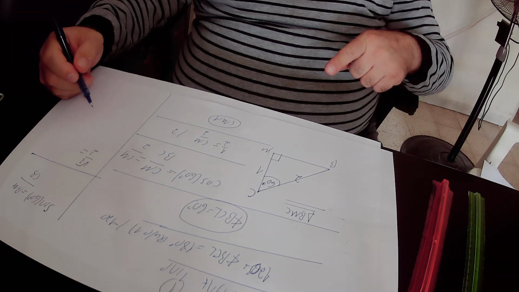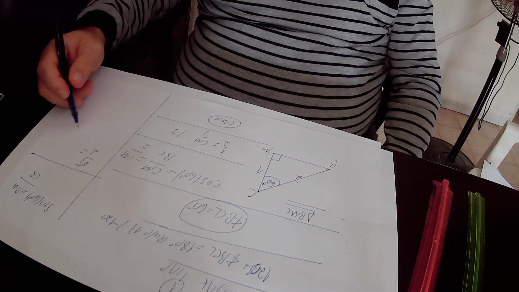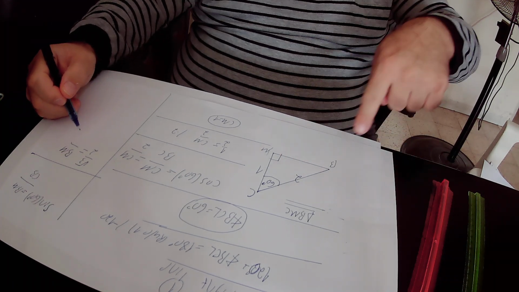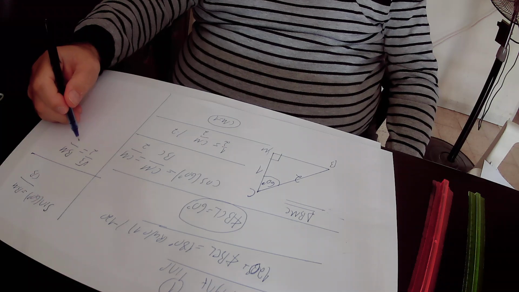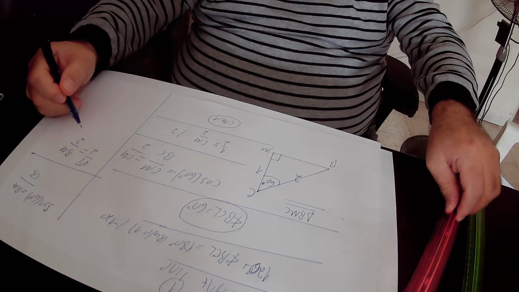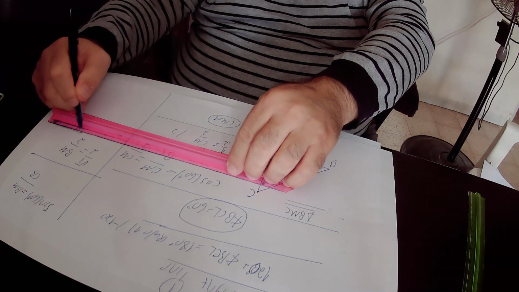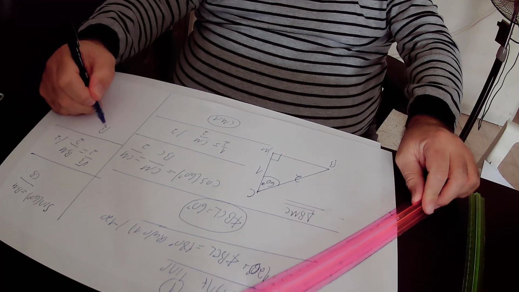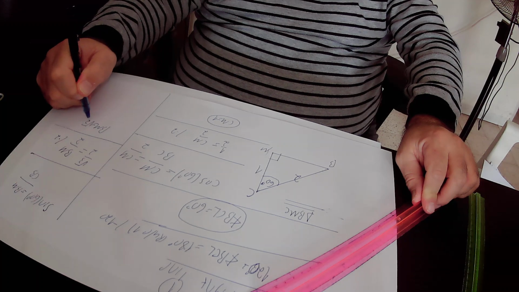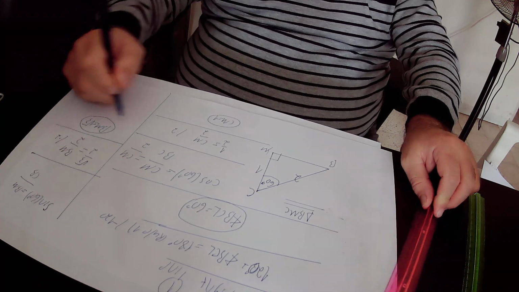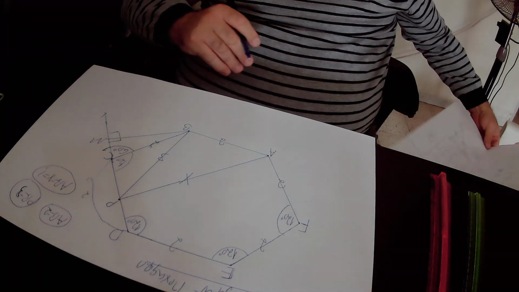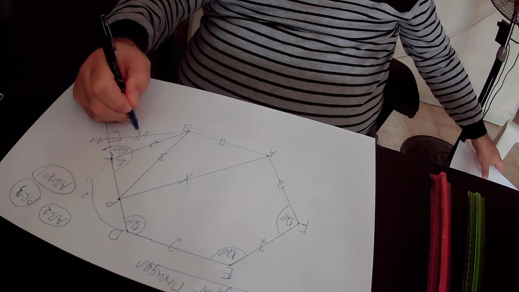BM is the missing side, so we leave it as it is. CB equals 2 units, so we substitute CB by 2. In conclusion, square root of 3 over 2 equals BM over 2. We multiply this equation by 2, and we get that BM equals the square root of 3 units. You can write down in the original drawing that BM equals the square root of 3 units.